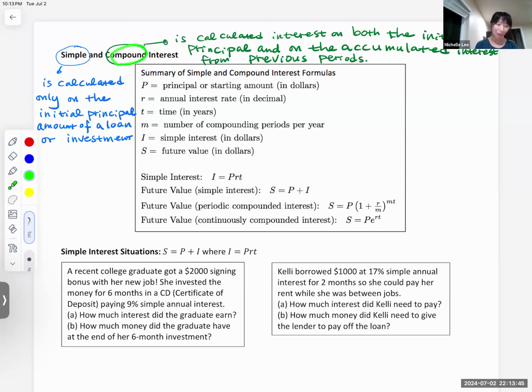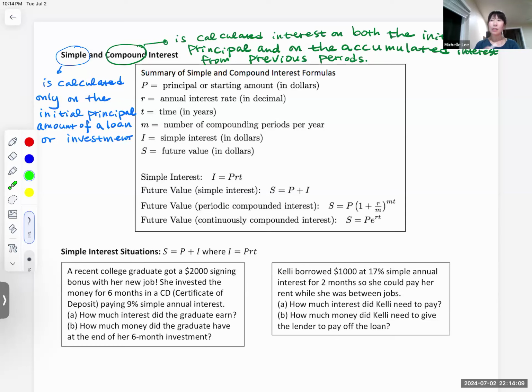Compound interest is calculated on both the initial principal and on the accumulated interest from previous periods, right? So we understand what the simple and compound interest are, right?